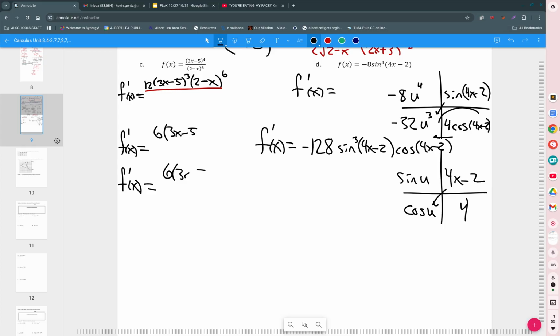So taking this times that, I have the negative 32 with the 4 right here at the 128. I have the sine cubed of 4x minus 2, but I still need the cosine of 4x minus 2 here. If you chose to put the cosine of 4x minus 2 out by the negative 128, that's fine, but you cannot have it cubed. Okay.